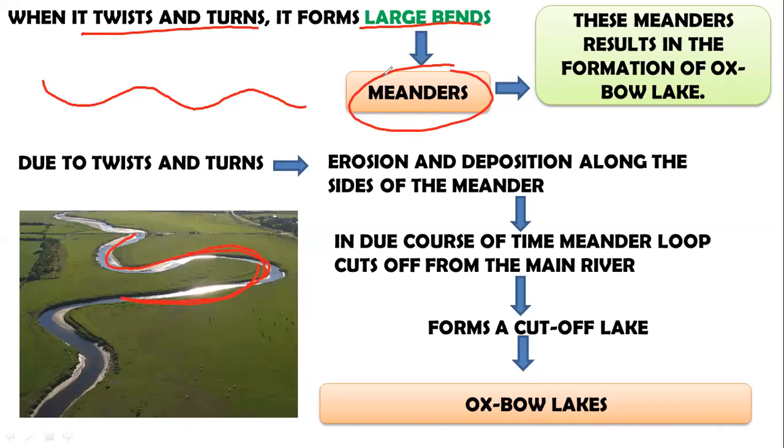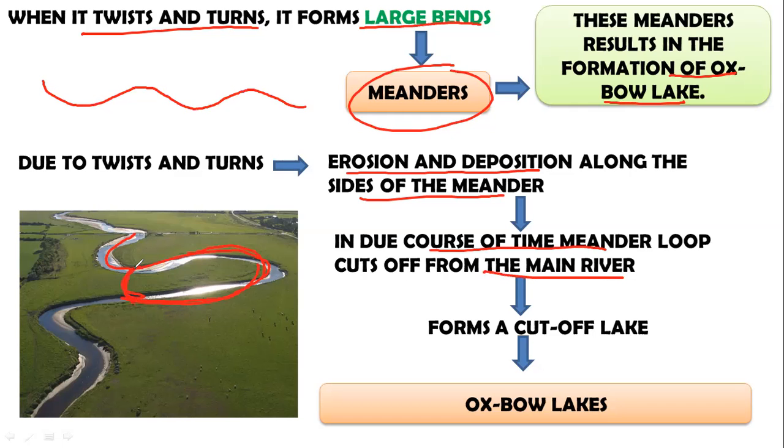Now, these meanders lead in the formation of Oxbow Lake. Why? Because erosion and deposition occurs along the sides of this meander, due to which in due course of time, this meander loop cuts off from the main river.